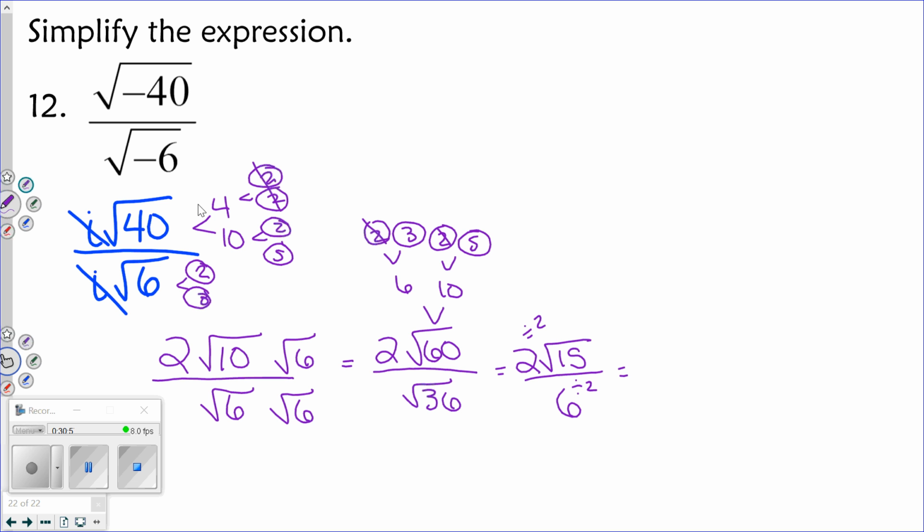So I get 1 radical. Oh, wait, I lost something. Ha, I did. Somebody else did that earlier, and I caught you on it. Yeah, we had a pair of 2's that came out, times this 2 gives me 4. There it is, sorry. See, I make mistakes too, it's okay. So then we get 2 radical 15 over 3.